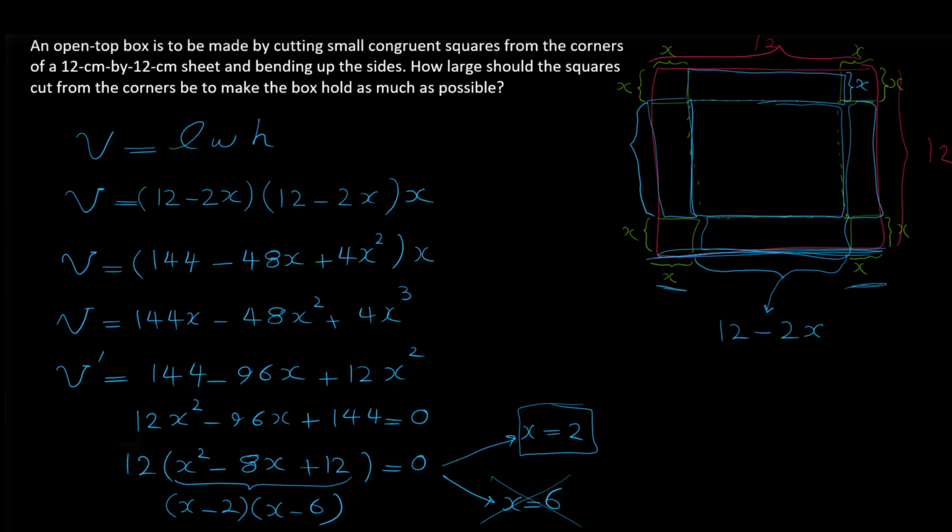Note that 2 will be the height of the box, and the length of the box is 12 minus 2 times 2, which is 8, and the width of the box also will be 8 centimeter.